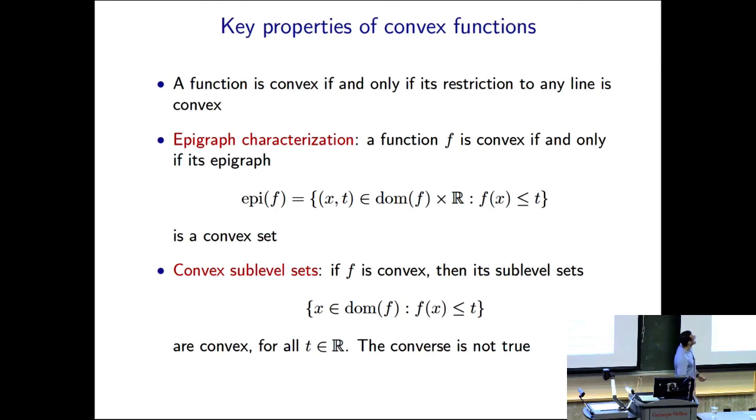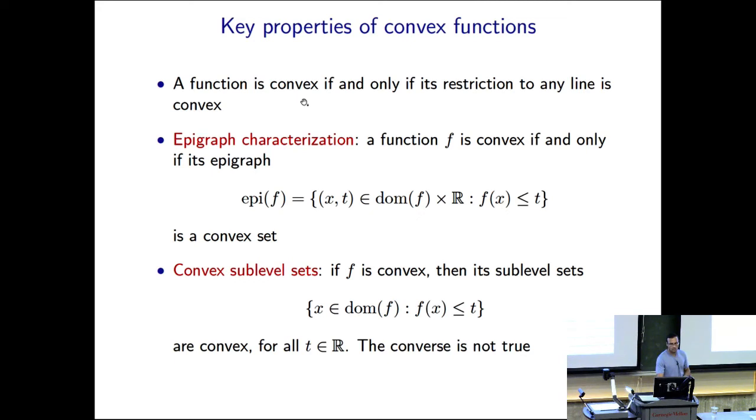Another property of convex functions is that a function is convex if and only if it's convex on every line segment. If I take a line through its domain and look at how the function acts on that line, and that univariate function is convex for every line, then the function is itself convex. This is a useful property in proving that some quite complicated functions are convex.